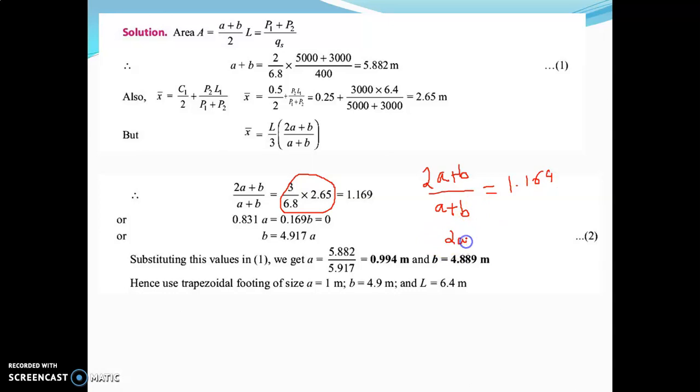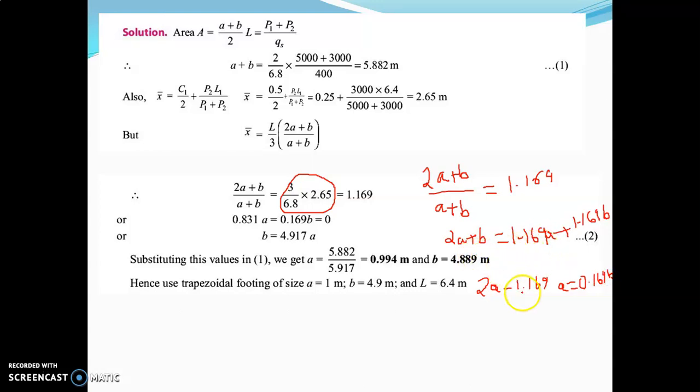So 2A plus B is equal to 1.169A plus 1.169B. So you do 2A minus 1.169A is equal to 1.169B minus B. So it becomes 0.169B. Understood?